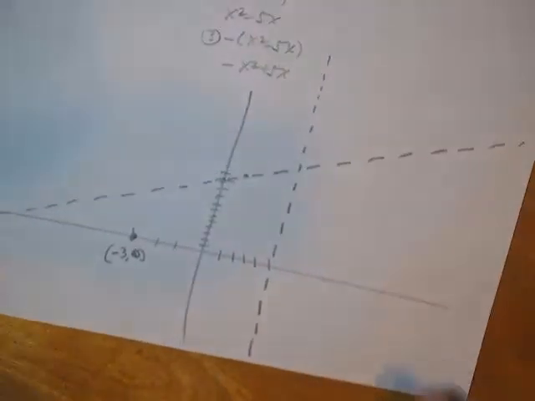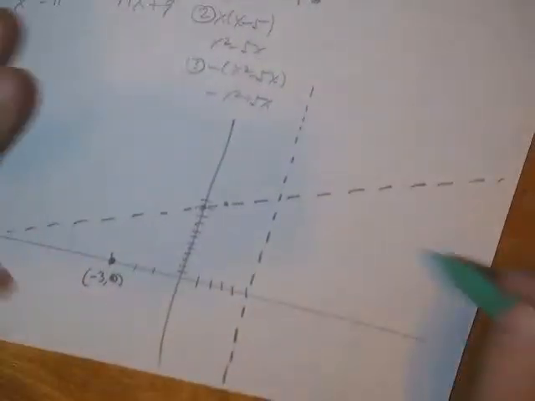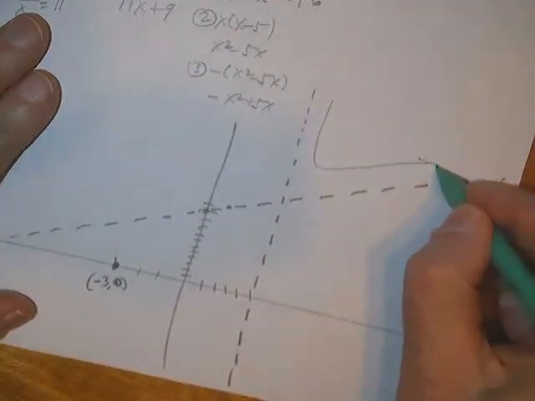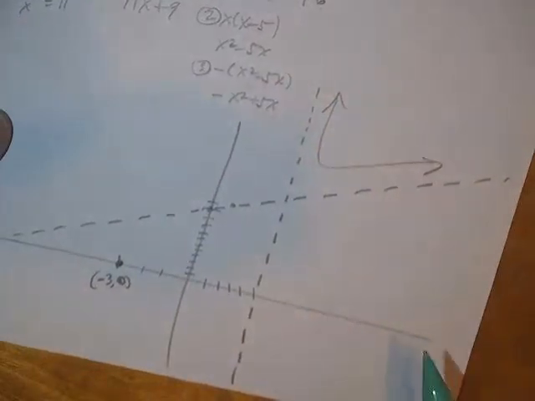And now I'm ready to draw. Well, the Dover method says from 5 to infinity I'm positive. So I'm going to be up here. And everywhere else I'm negative.